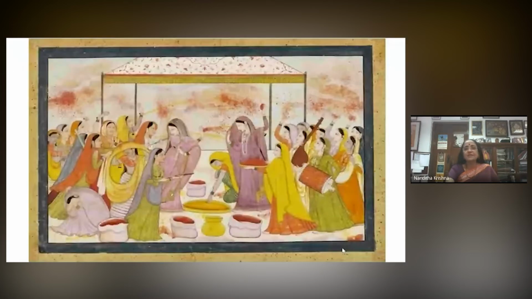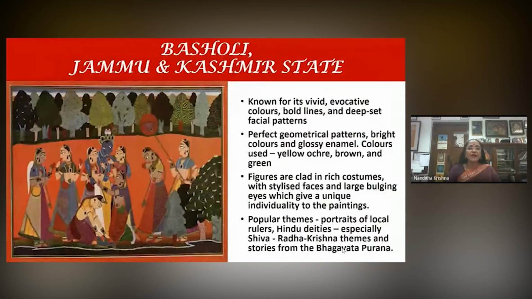Look at the colors. This is Holi. Of course, any painting of Holi would have a lot of colors, but this is very uniquely Pahari. Basholi, look at the shades of green again. And Krishna and the gopis, very rich colors. Basholi is known for its vivid, evocative colors, bold lines, and deep set facial patterns.